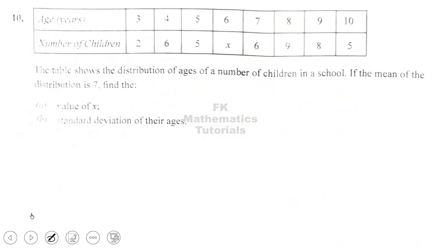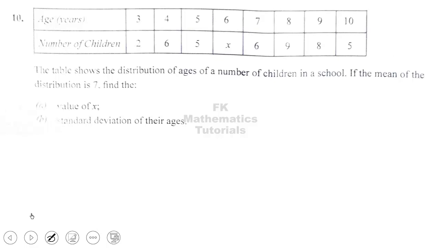The table shows the distribution of ages of a number of children in a school. If the mean of the distribution is 7, find the value of x, and the standard deviation of their ages.